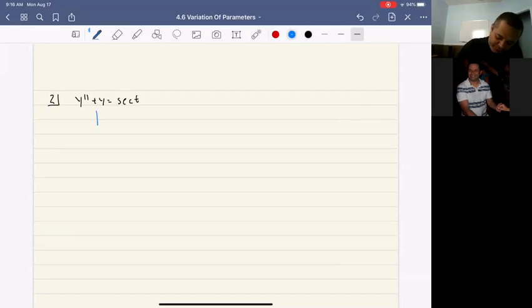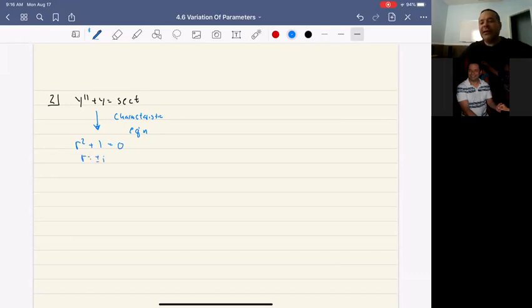So the characteristic polynomial, or characteristic equation actually, r squared plus 1 equals 0, r equals plus or minus i.